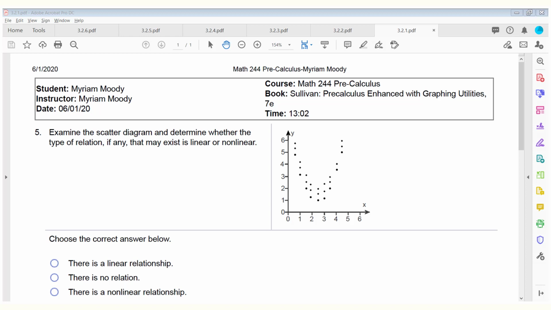Is it linear? No, but it does have a relationship, and it almost looks like a parabola. Not a perfect parabola because some places are wider than other places, but it looks like a parabola, doesn't it? So you would go back to them and say that there is a relationship, but there is a non-linear relationship. Does that make sense? Good.